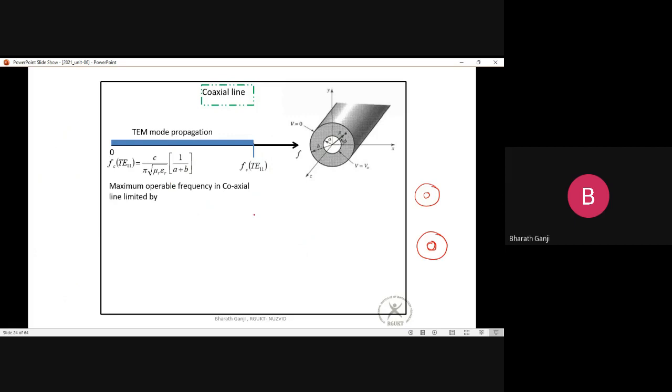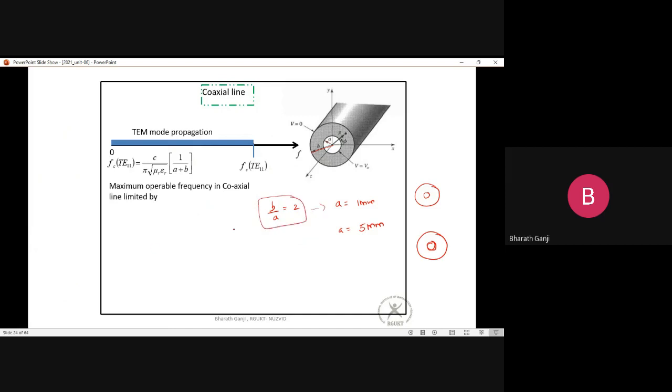Say, let me take a scenario where the b by a ratio is exactly equal to 2. So the ratio of the outer radius to the inner radius is equal to 2, and in one case the inner radius a is 1 mm, and in another case a is taken as a bigger one, 5 mm. In both cases the b by a ratio is the same.